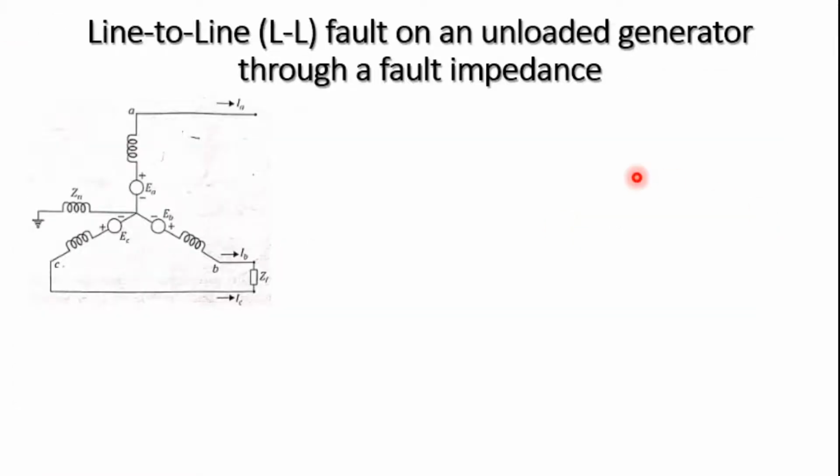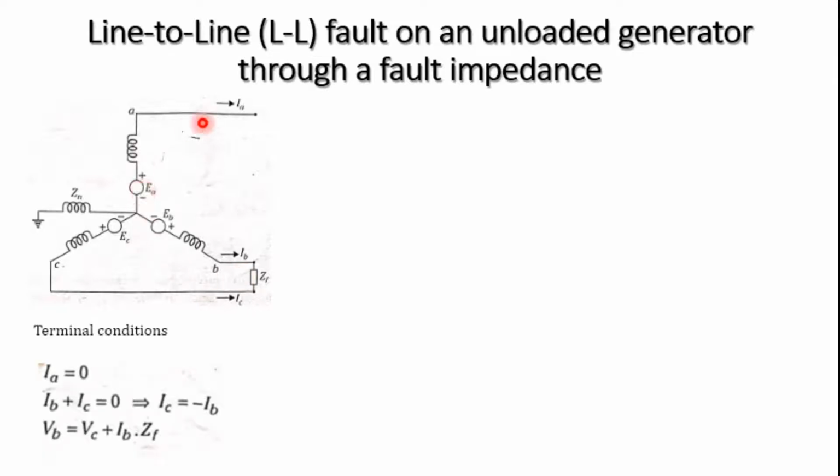Okay, next condition is line to line fault on an unloaded generator through a fault impedance. So here there is a fault happening between phases B and C with the fault impedance ZF. Okay, so the terminal conditions are: the current in the other part of the network will become 0, so that is IA will become 0.